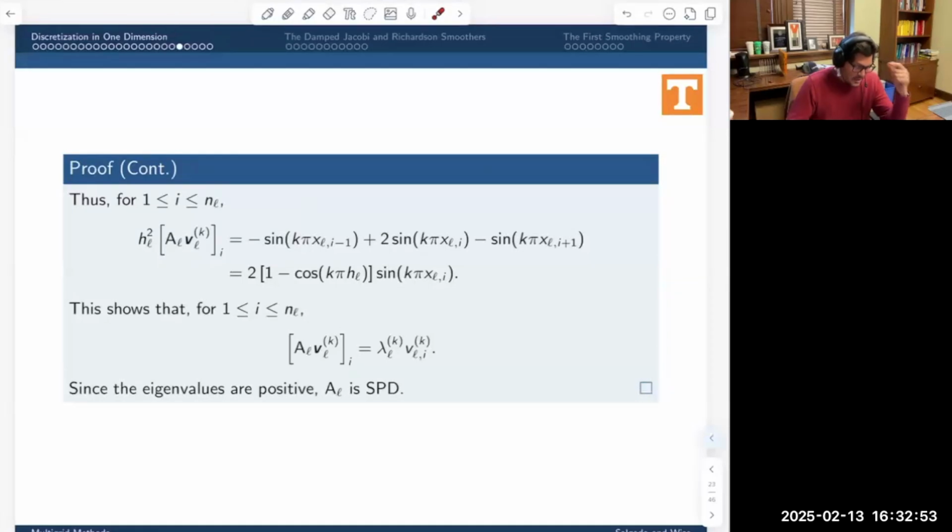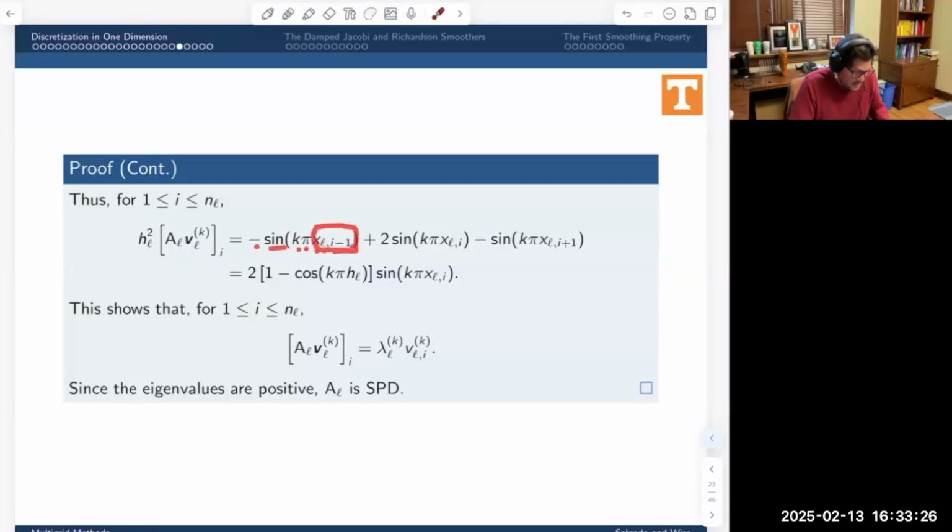So let's do the computation. The easiest way is to take HL squared times the stiffness matrix times the proposed eigenvector, and evaluate that vector at component I. If I do this computation at component I, what I get is pretty interesting: minus sine k pi xl I minus 1.